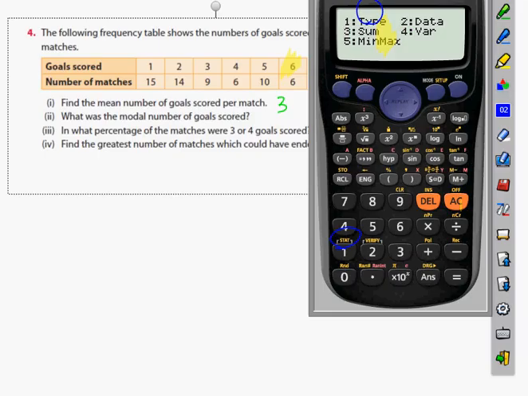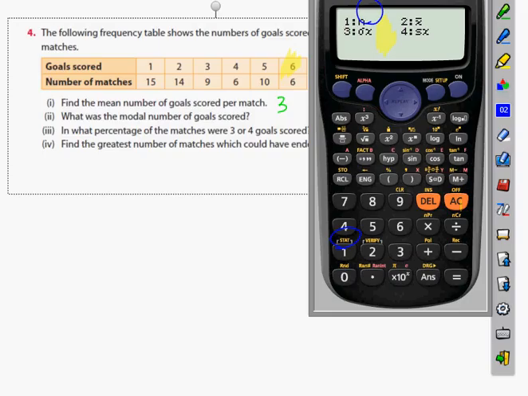Everybody have that menu screen open? You have an old calculator. Now guys, what you go to is variable number 4.